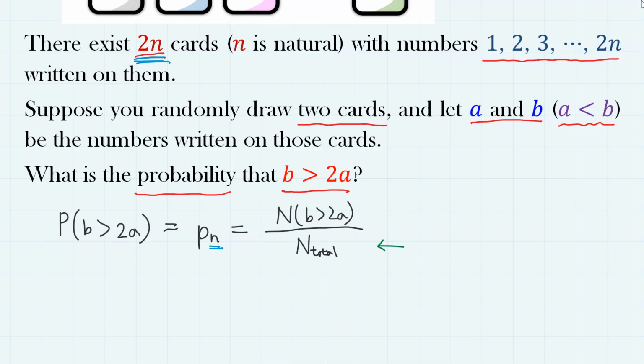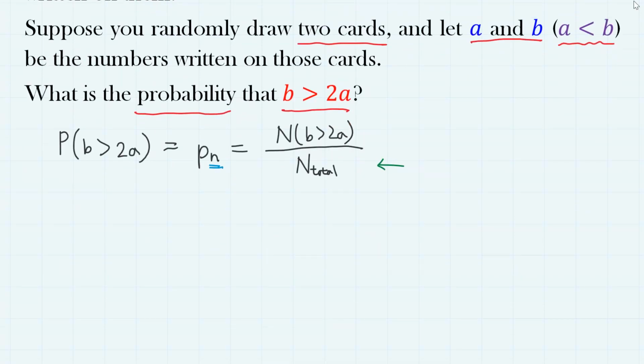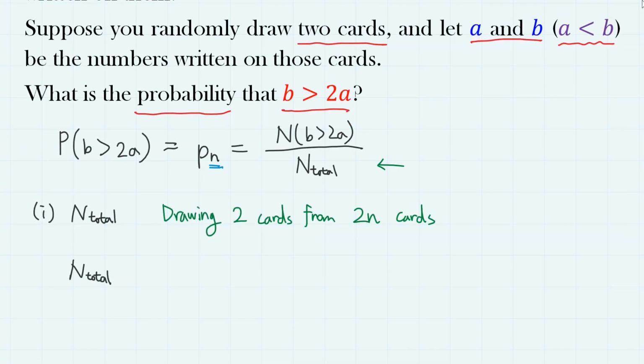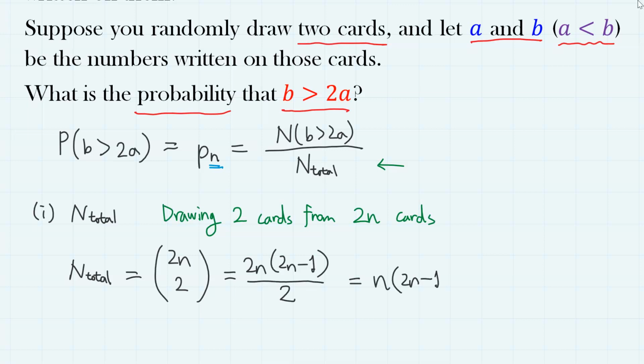And let's start with the denominator first. The total number of cases is the number of possible ways to draw 2 cards from 2n cards. So it is 2n choose 2, which is 2n times (2n minus 1) divided by 2, which is n times (2n minus 1).